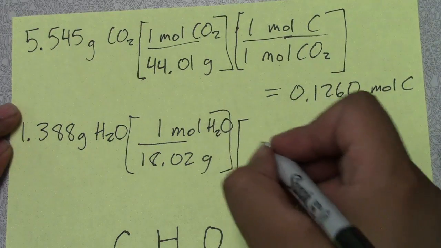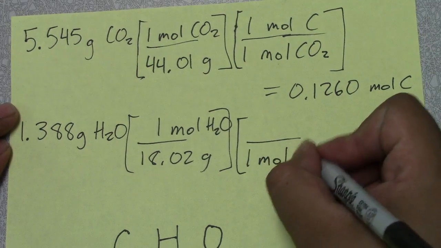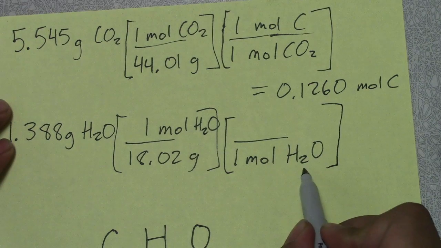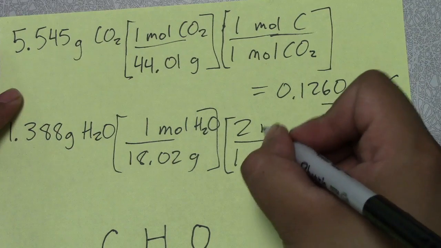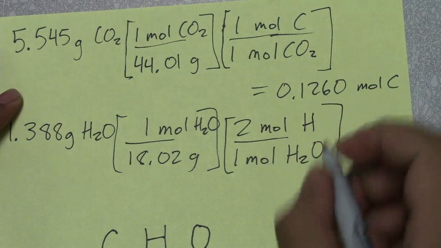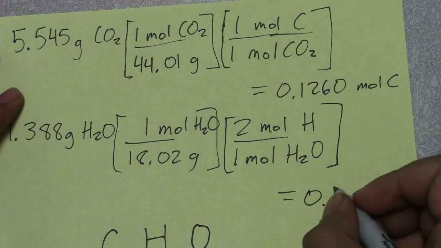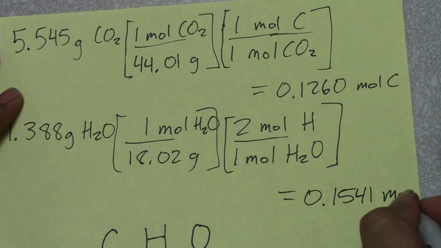And I'm going to take this one step further because I'm not actually interested in just water. When I look at a mole of water, I notice that for every 1 mole of water, hey, there's a 2 down here. That means that there's actually 2 moles of hydrogen. I'll punch that into my calculator and find that I have 0.1541 moles of hydrogen.